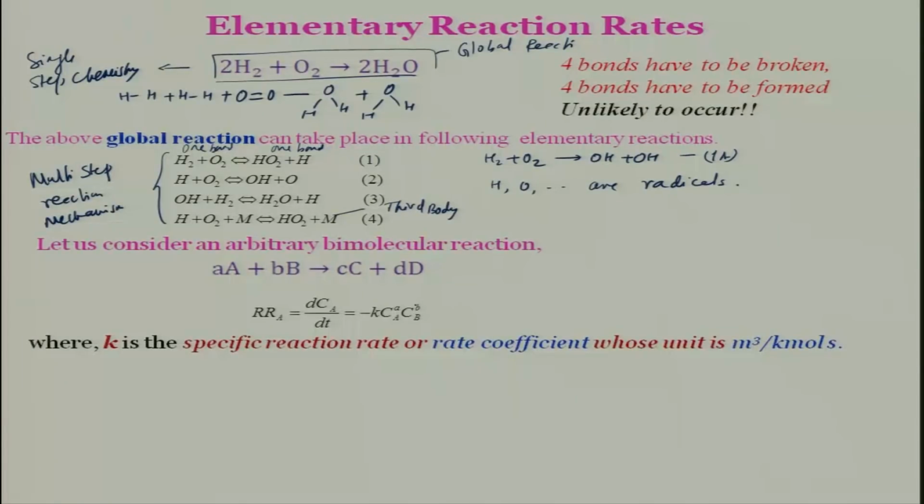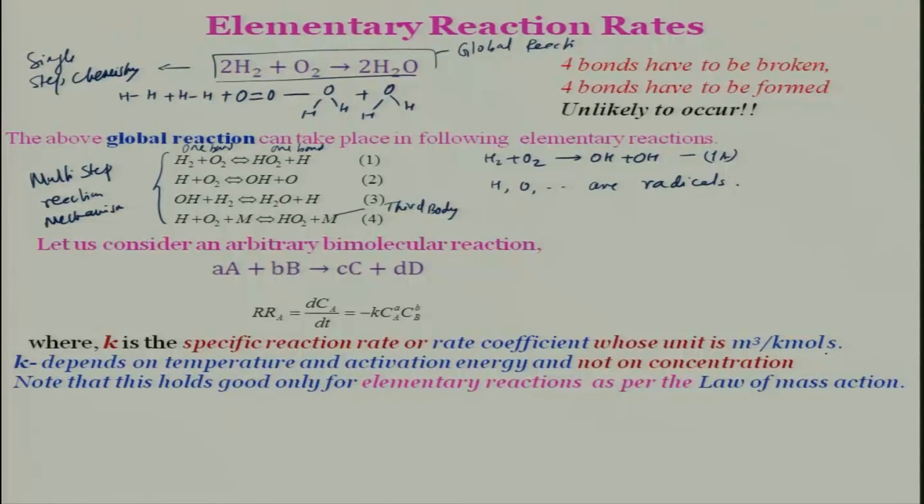But now keep in mind that this k is the specific reaction rate or rate coefficient whose unit is meter cube per kilomole second, and k depends on temperature and activation energy. I have not discussed that, but we will do it a little later, not on the concentration, because this is valid for the elementary reaction as per the law of mass action.